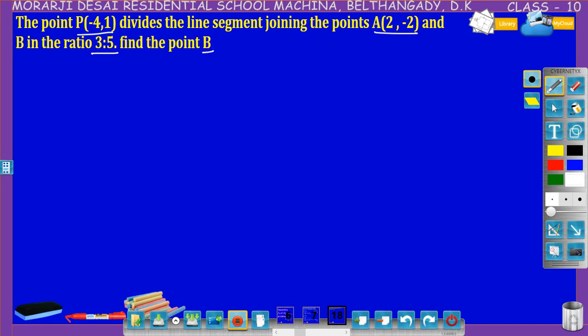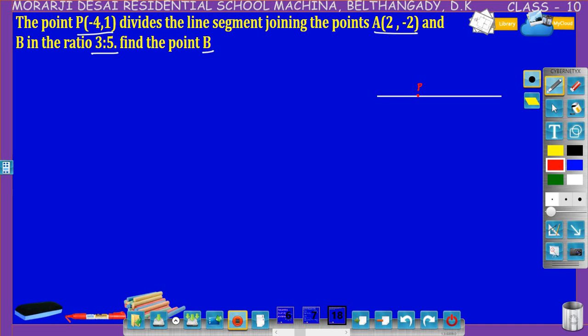Now here, draw a line. The point P divides the line segment, means point P lies on the line.